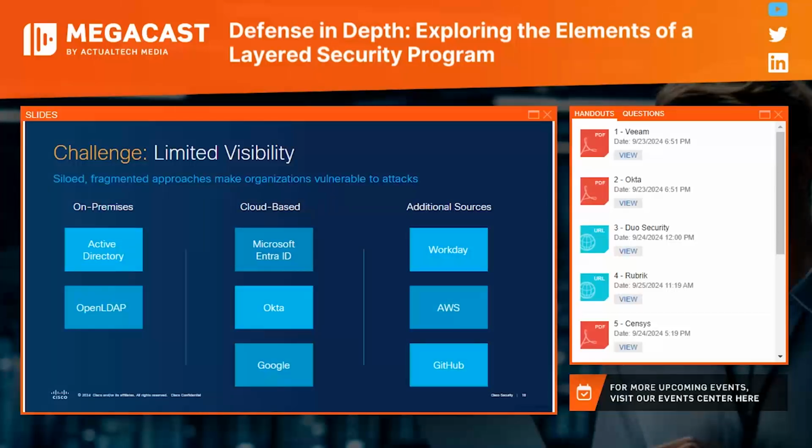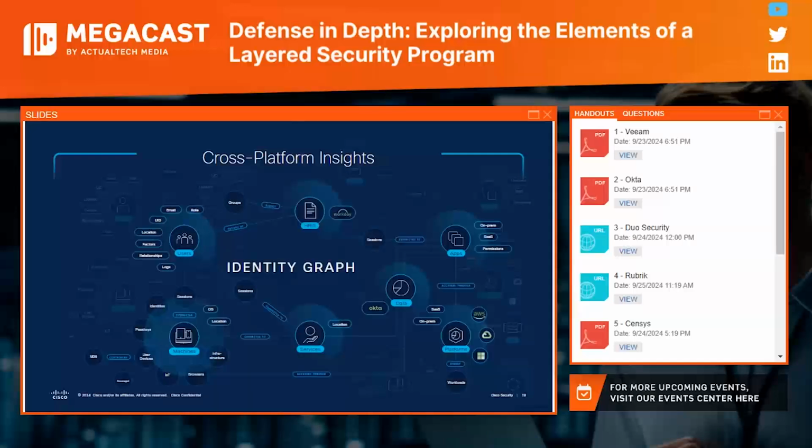Any given one of them might have a dashboard that shows you the things that you need to know. But what we need to be doing is building out an identity graph that is both cross-platform and distilling identity across all of those platforms.